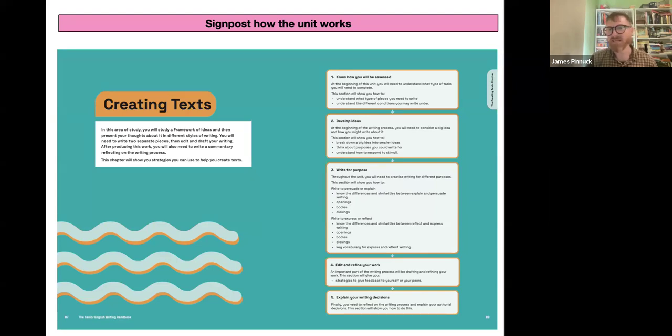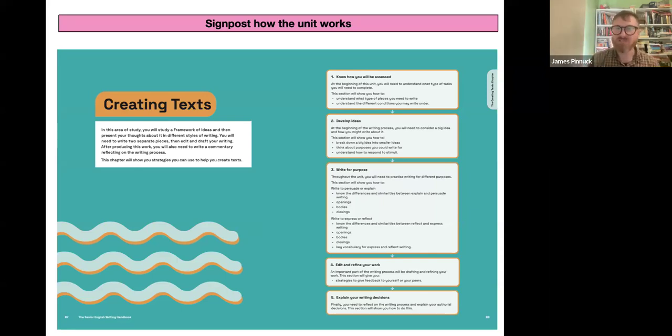And that's why at the beginning of all of the chapters in our textbook, there is a flow chart at the start of each chapter that you can use at the very beginning of a unit to explain to kids the sequence of learning that they're going to engage in. So you might say at the beginning of your crafting text unit, okay, open to page 87.